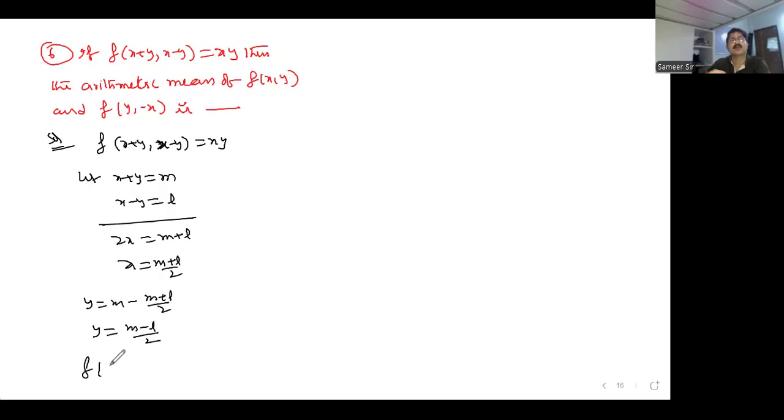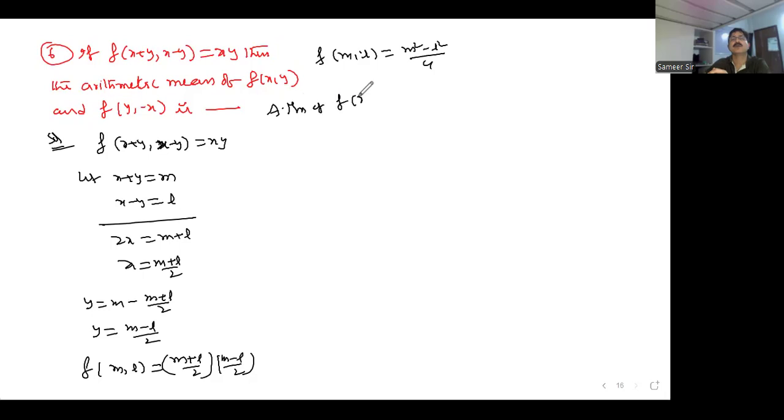That means f of m comma L can be written as m plus L by 2 times m minus L by 2. So you got it as f of m comma L, m square minus L square by 4. So he said that arithmetic mean of f of x y and f of y minus x.